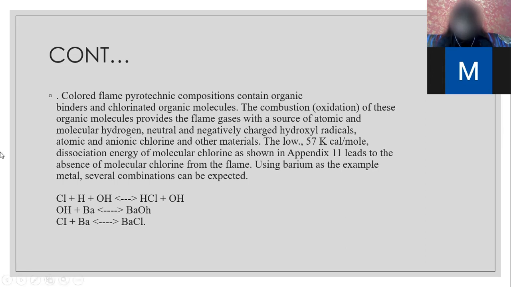Here is an example reaction using barium. Chlorine plus hydrogen plus OH gives HCl plus OH. Then OH reacts with the barium to form barium oxide, and then chlorine plus barium gives barium chloride.